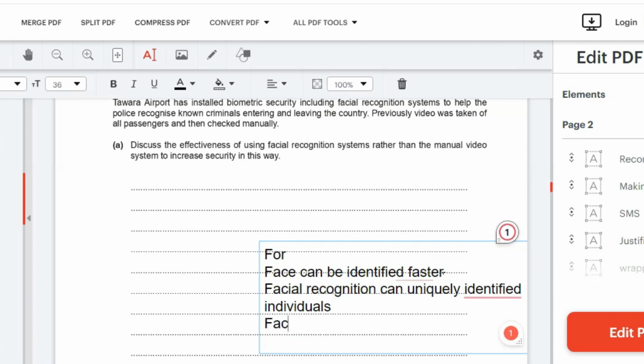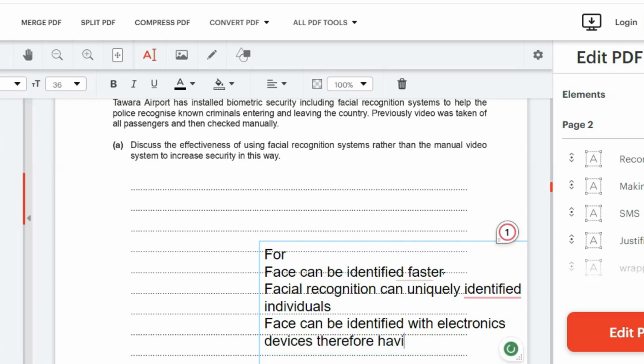Face can be identified with electronic devices, therefore having higher accuracy. Right? Because of the face recognition system, you have the devices that are used and we have higher accuracy.